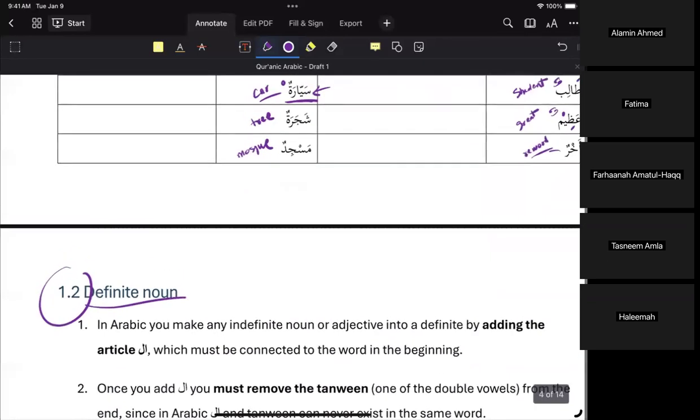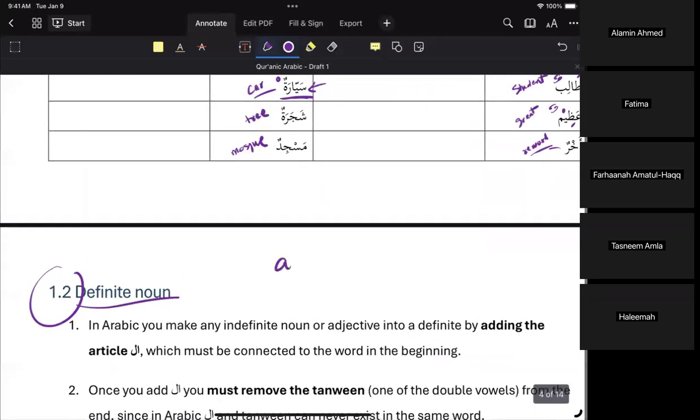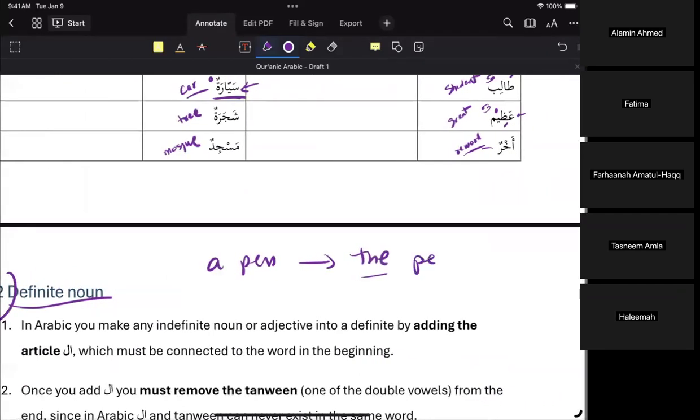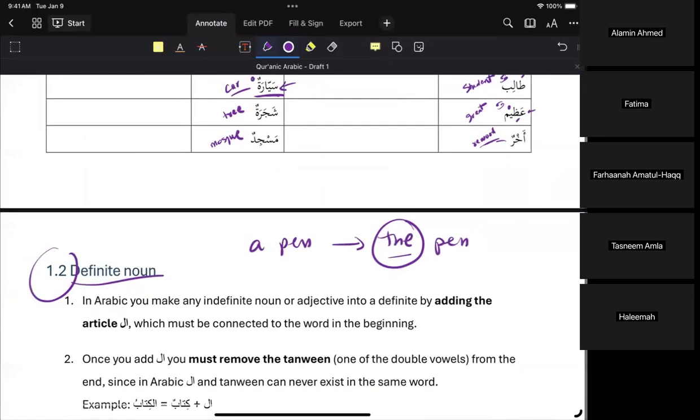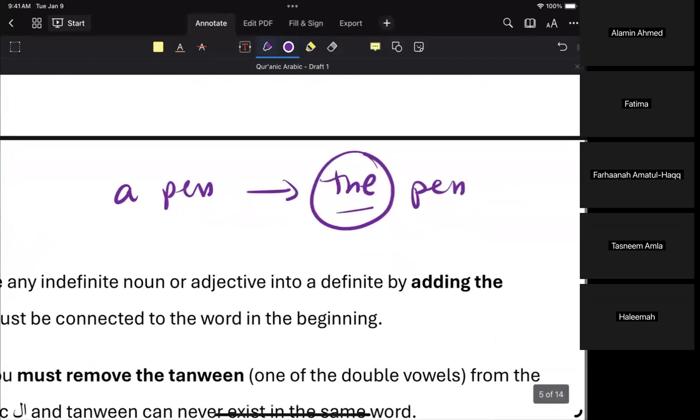So in English, it's very simple. You say a pen, and then you just add the word the, and you make it definite. In Arabic, we have something similar. We use the particle alif lam. When you add alif lam to any noun, that noun becomes definite.